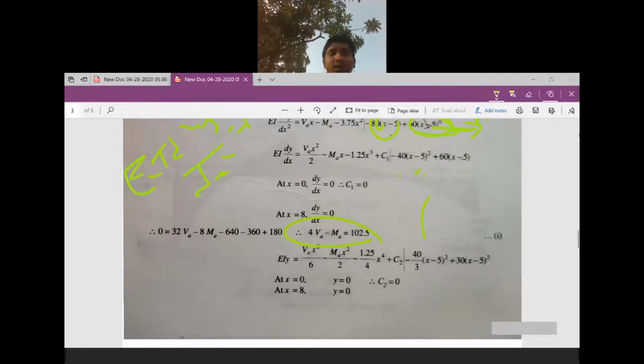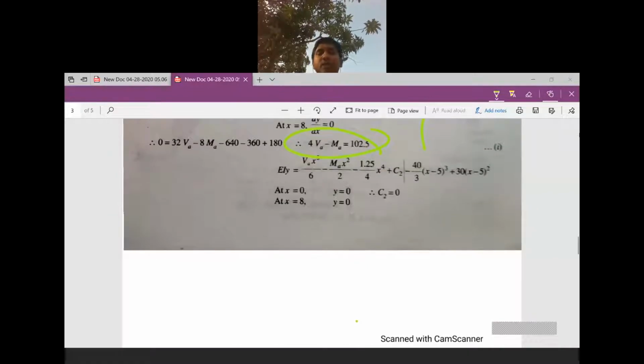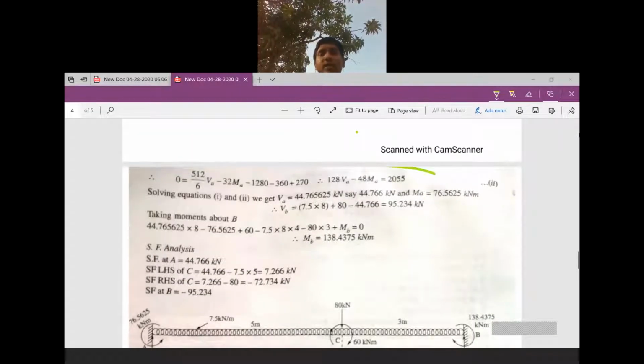Similarly I integrate again and substitute the boundary conditions. At x is equal to 0, y is equal to 0, you get C2 as 0. At x is equal to 8, y is equal to 0, you get another equation. I will solve those two equations, and you get the values of MA and VA.